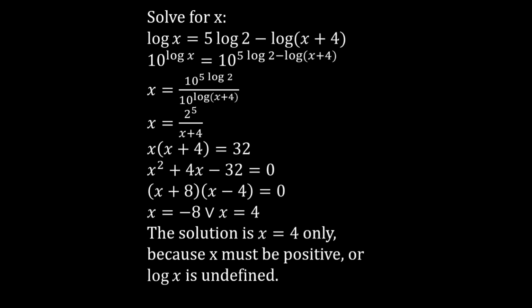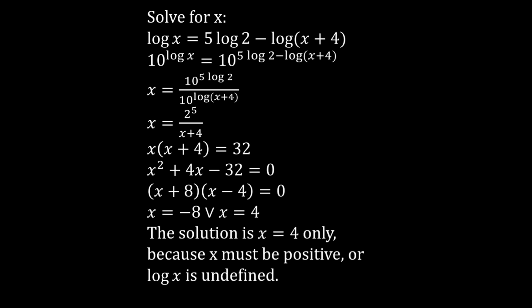Solve for x. Log x equals 5 times log 2 minus log x plus 4. We can cancel the logarithm. We can raise 10 to the power of both sides.